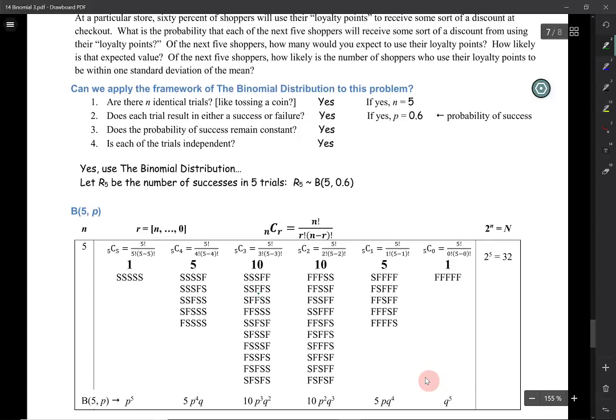So 89% or so, 90% of the probability is within this mean plus and minus standard deviation.